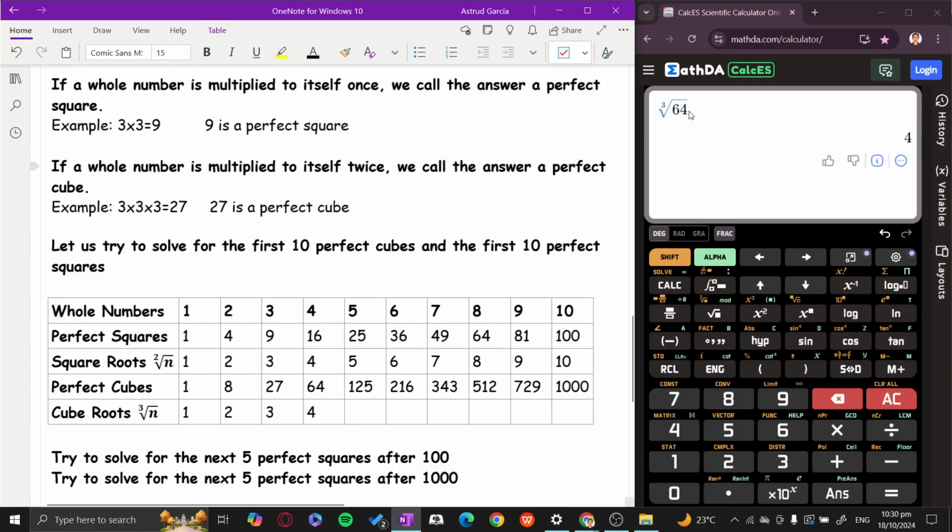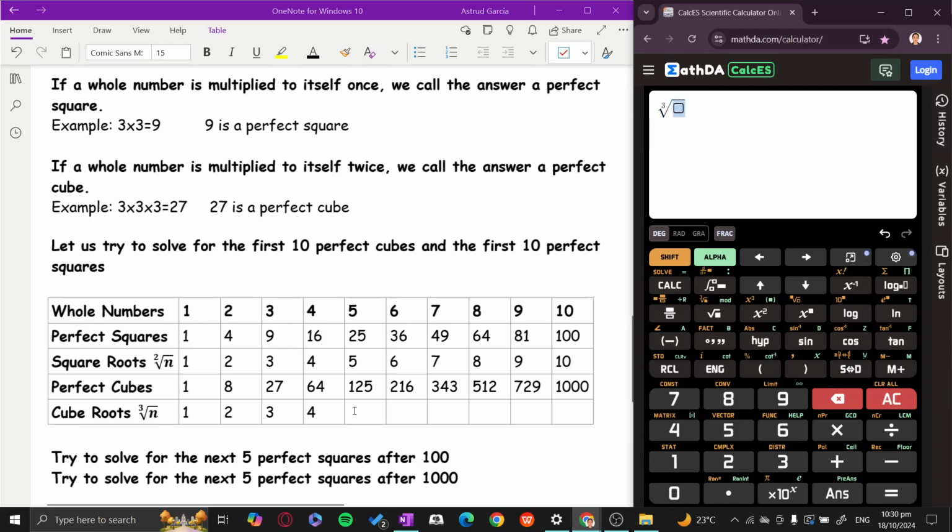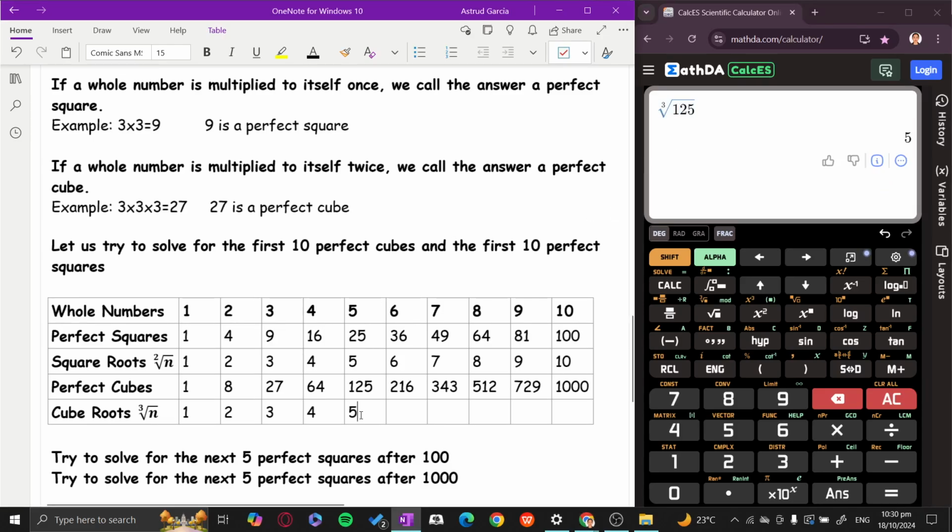And then the cube root of 125, sorry, my bad, which is 5.